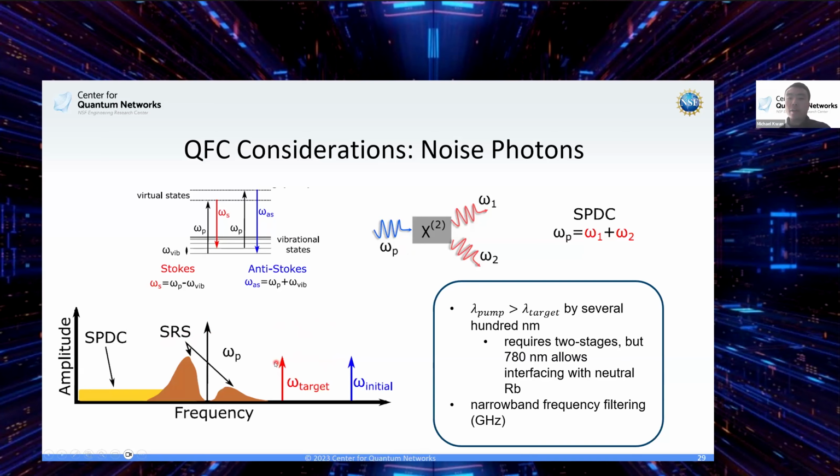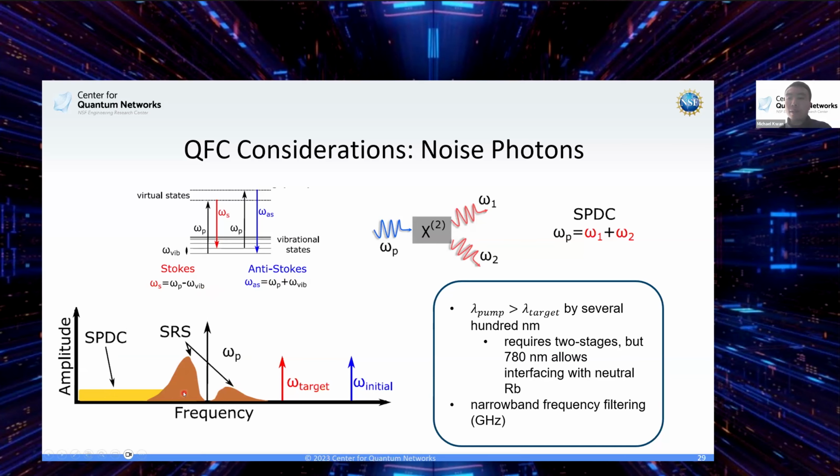That is, their energies add up to the pump photon. Another one is Raman scattering, where the pump interacts with the vibrational states of the material, and you generate peaks of noise photons near the pump.